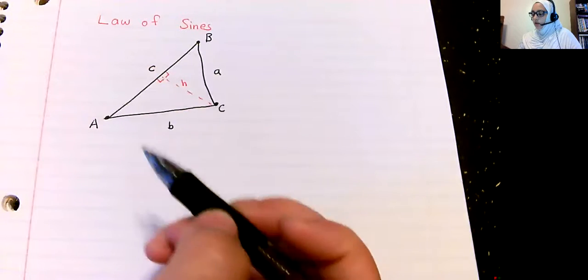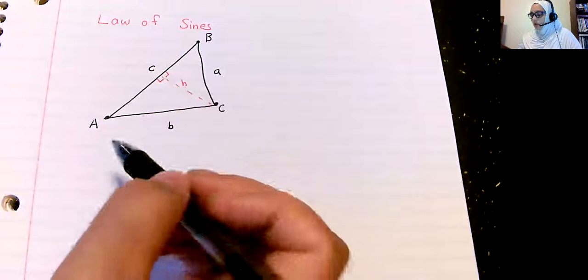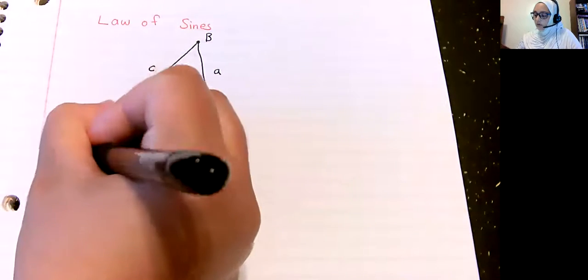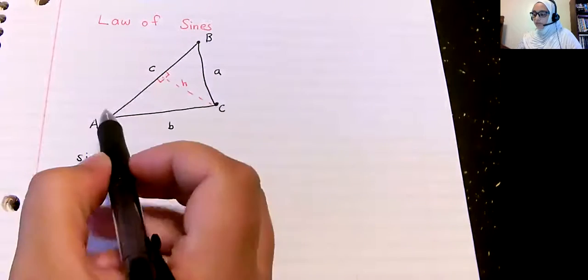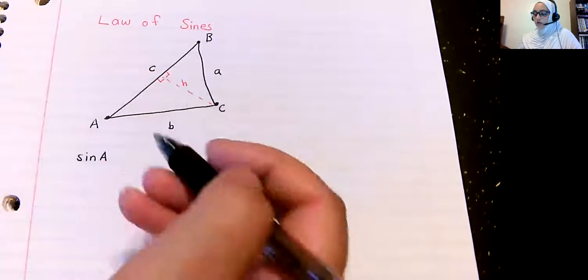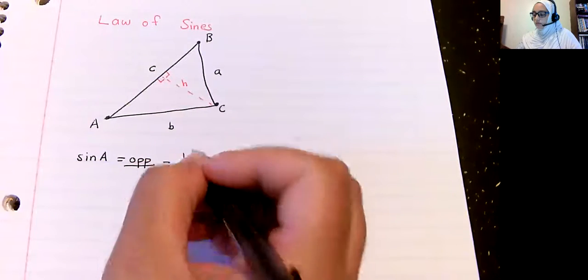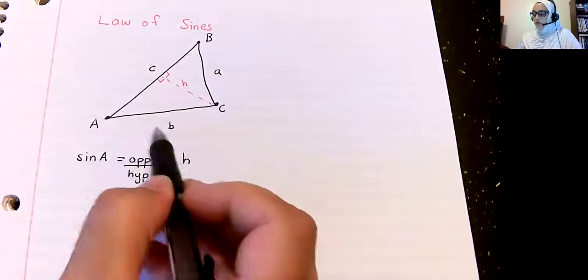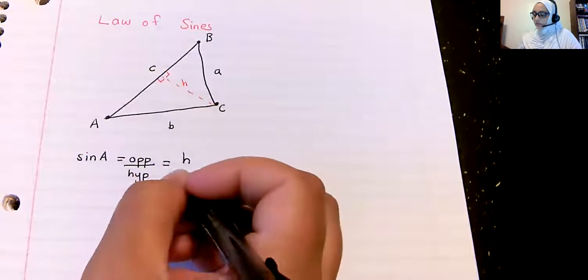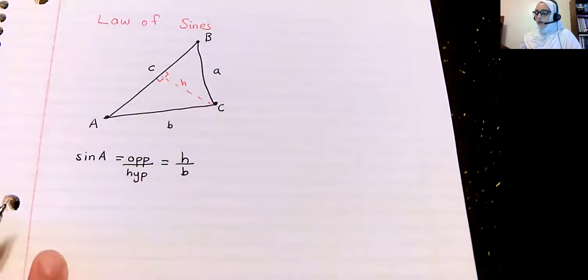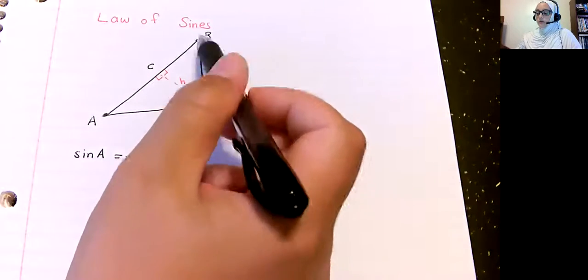Let's start with A. Here we have sine A. Opposite is now H, and our hypotenuse is now B. All right, so we're just going to do the same thing for B.